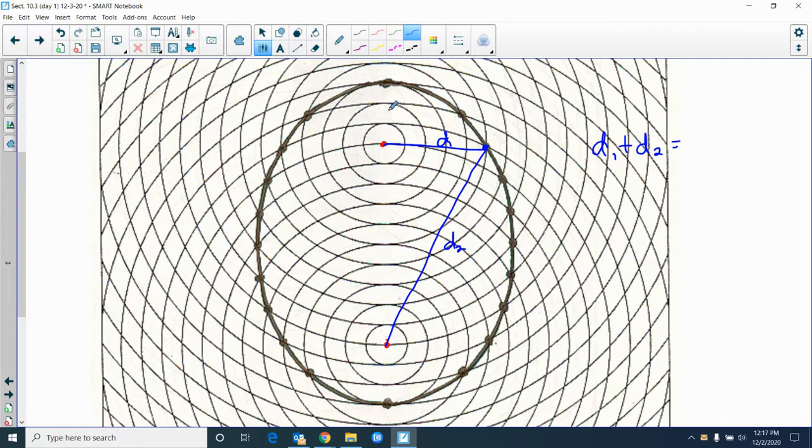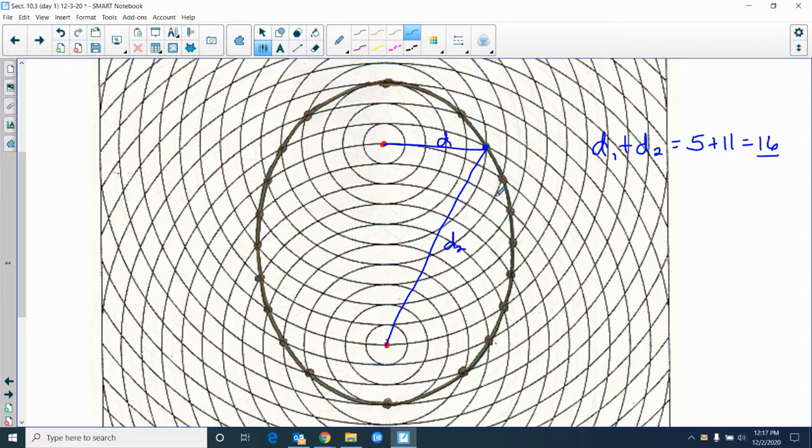The reason you see all these concentric circles is that it allows me to count. We'll count these as 1 unit. So this is 1, 2, 3, 4, 5. D1 is 5. For D2, I'm going to start from this one and go out every concentric circle: 1, 2, 3, 4, 5, 6, 7, 8, 9, 10, 11. 5 plus 11 is 16.